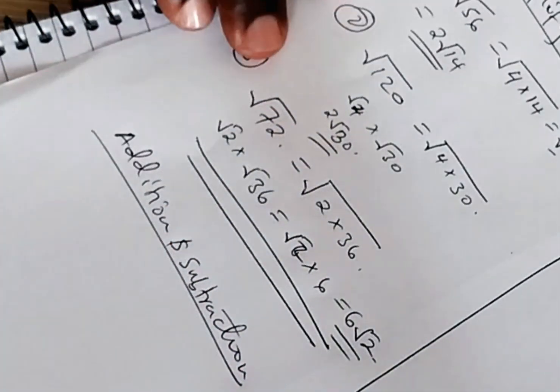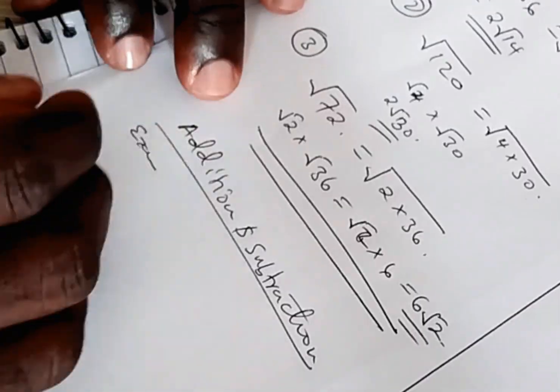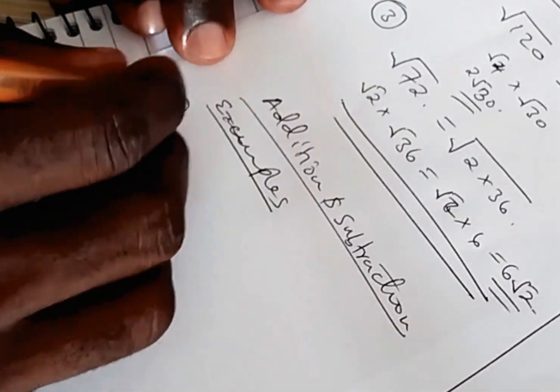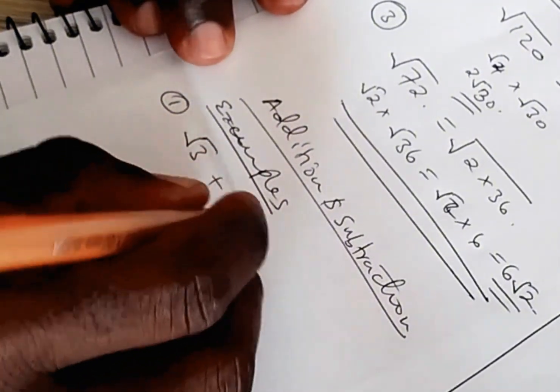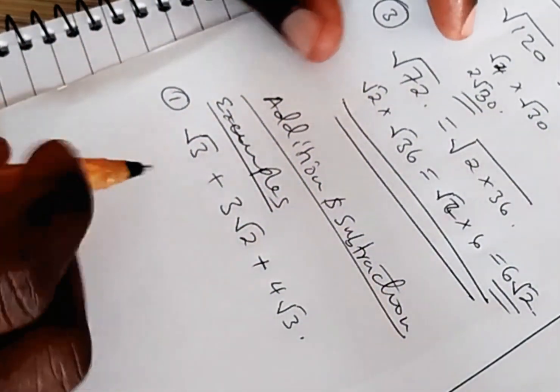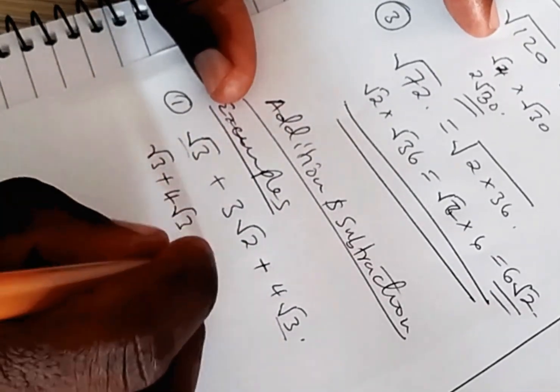Just like algebra, surds can also be added or subtracted. So examples: if you have root 3 plus 3 root 2 plus 4 root 3. So you collect those with the same roots. So root 3 plus 4 root 3, then plus 3 root 2.